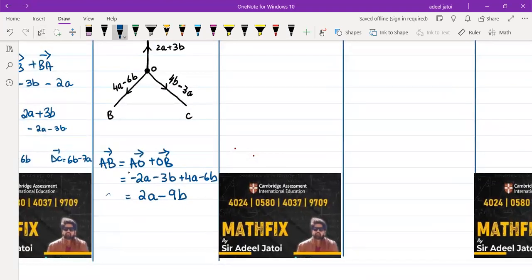Let's work on BC. Your BC are the points where you need to create the route first. For BC, we'll go to BO, and then we'll go to OC.